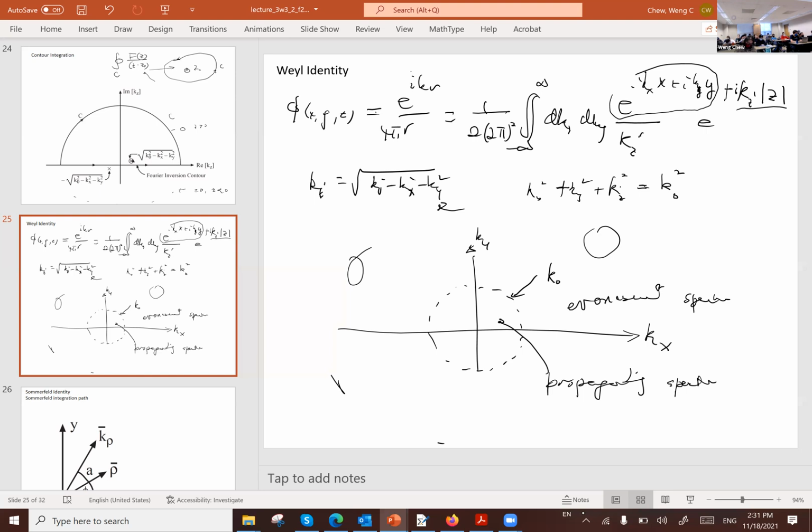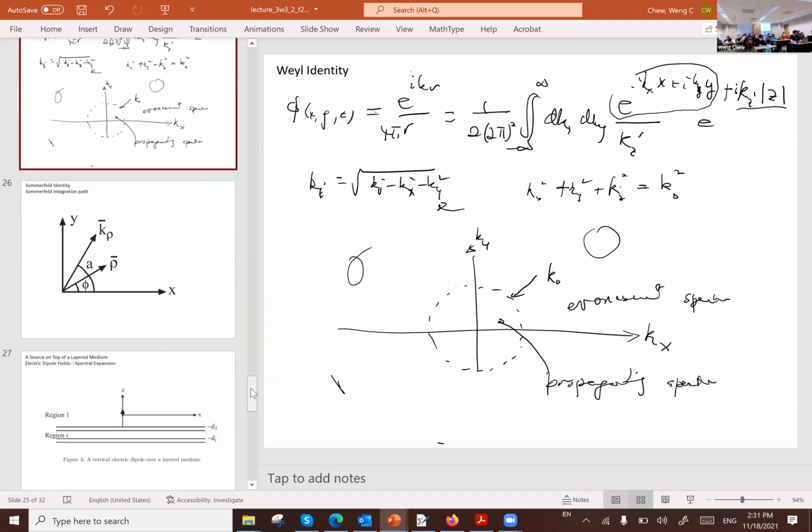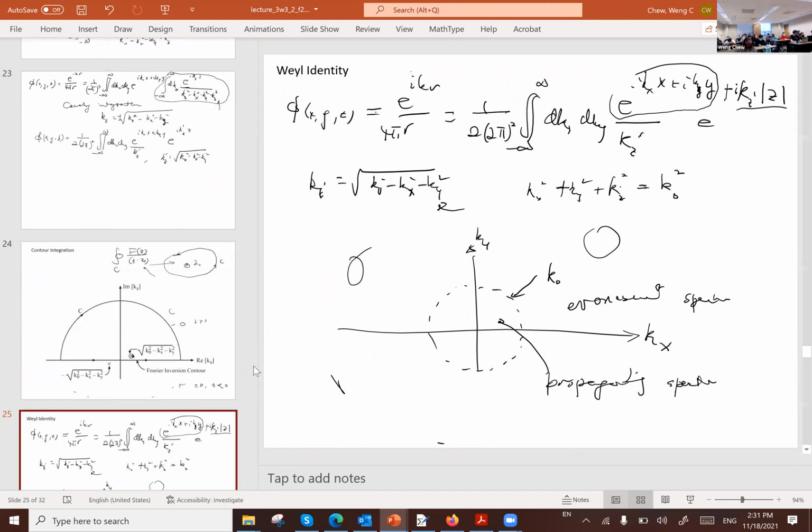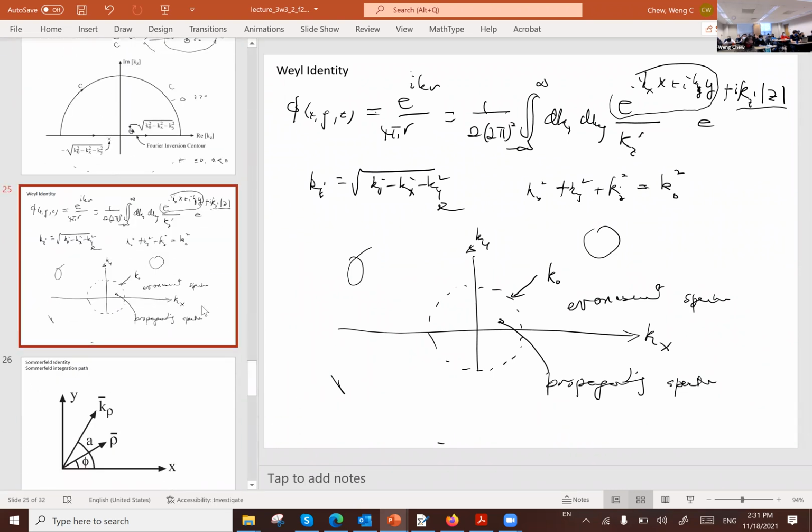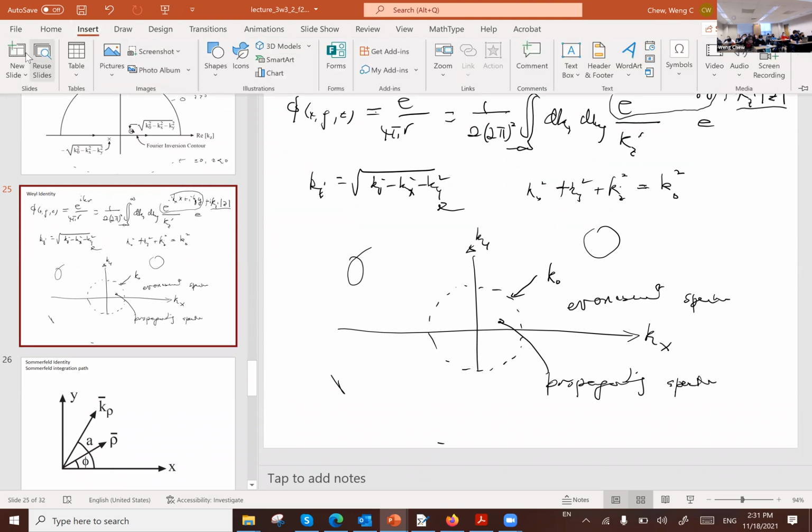So if you have a source point, knowing this physics better now, maybe you can talk about the kind of thing that we alluded to earlier.